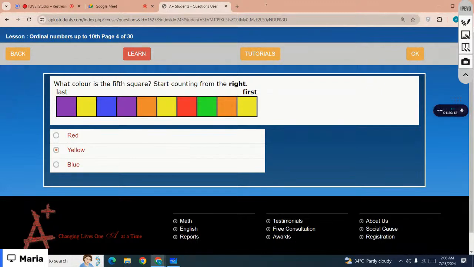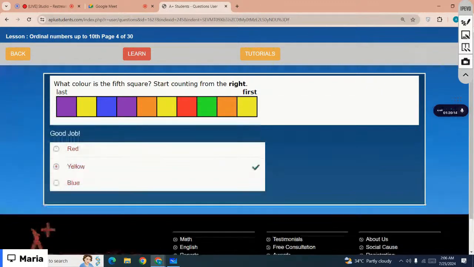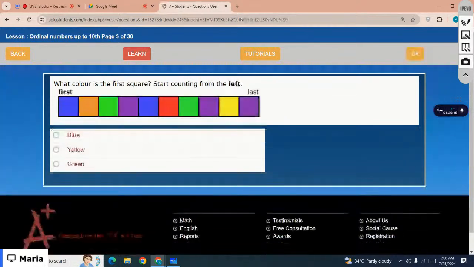The correct option is yellow. What color is the first square, which is the correct option? Yes, the correct option is blue. The first square is blue.